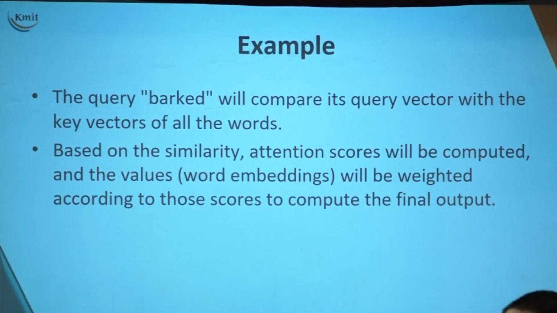You calculate the attention score here. This is a completely different mechanism or a different process. Please try to understand here. So what are you trying to do? You are having a query. For that query, this particular query, say barked, is compared to all the keys. What are the keys? The entire tokens.